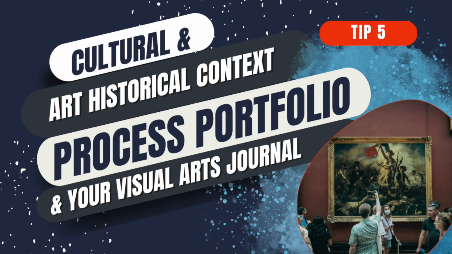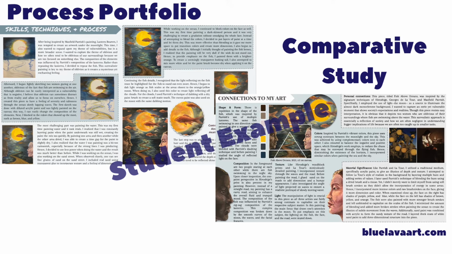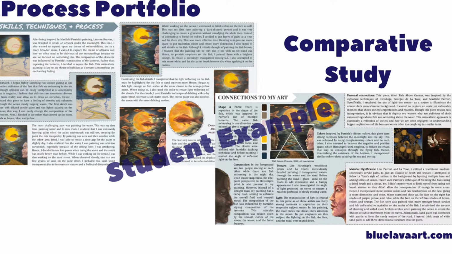Now, tip number 5, cultural and art historical context. Now, this may seem like an overlap with the comparative study, and in some ways it kind of is, but you're addressing a slightly different end of it.